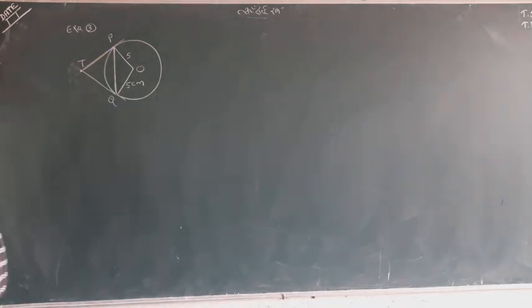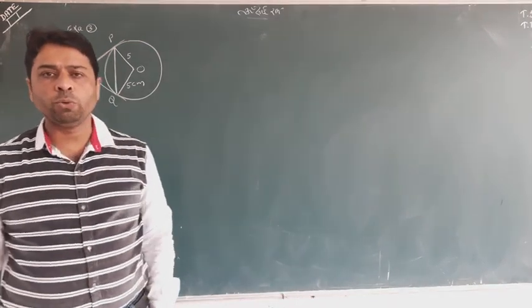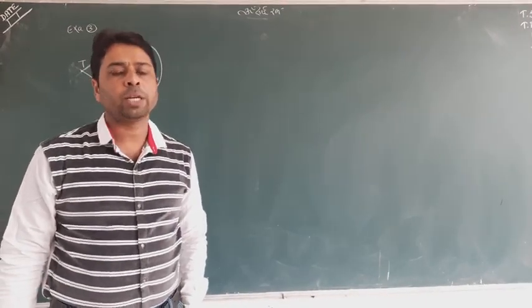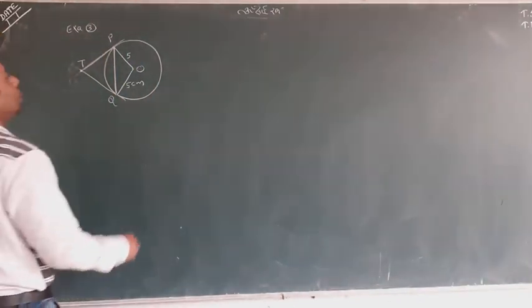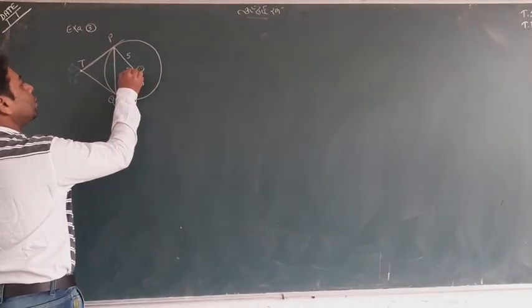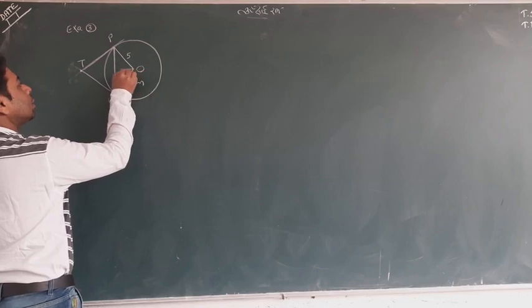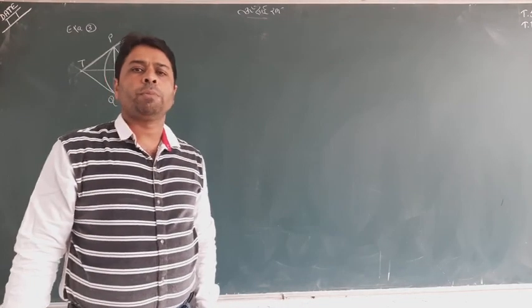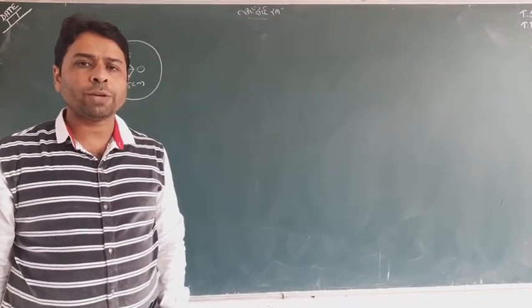So interesting question it is. A few assumptions we will make in the middle of the question. Look at here. I draw the perpendicular. If I join this, we should assume something because the method was so long.